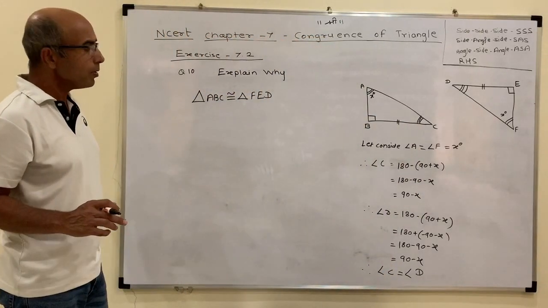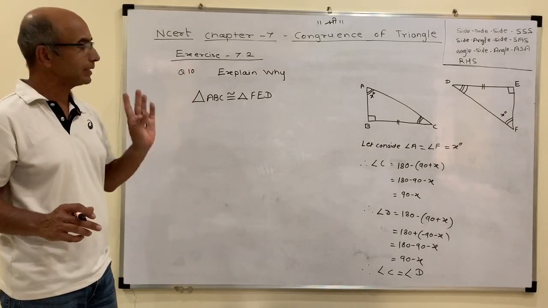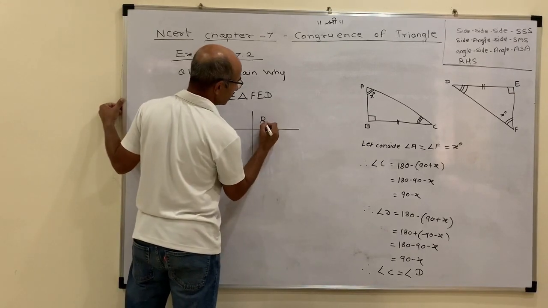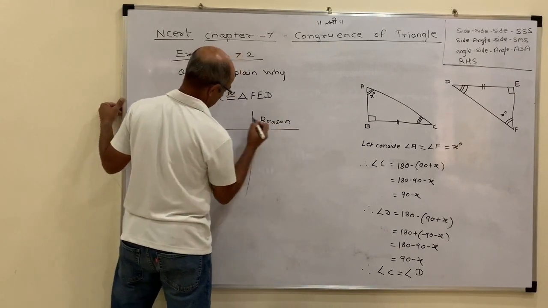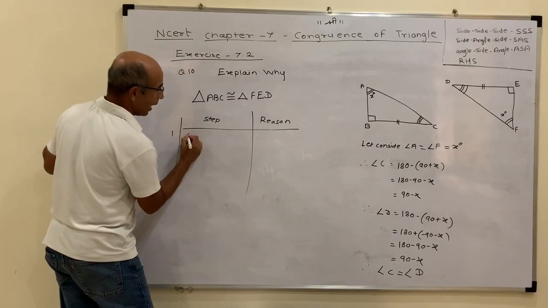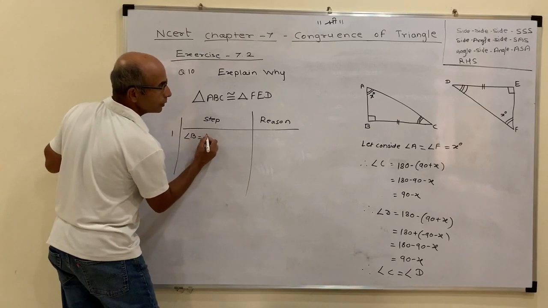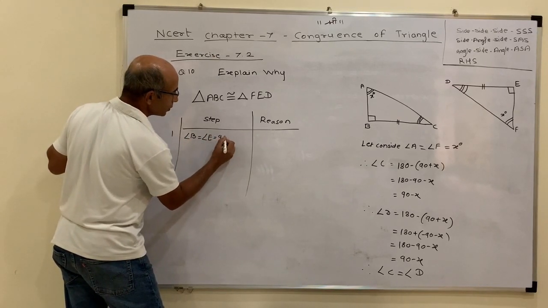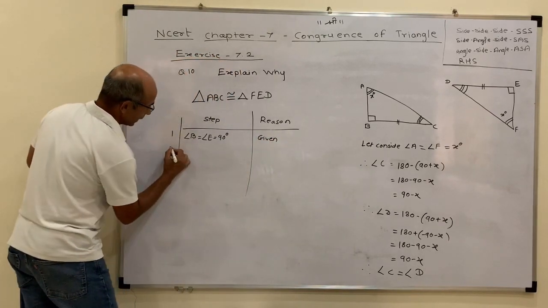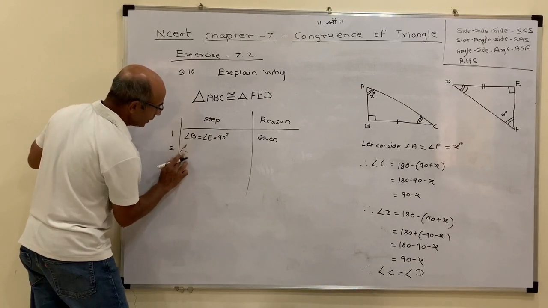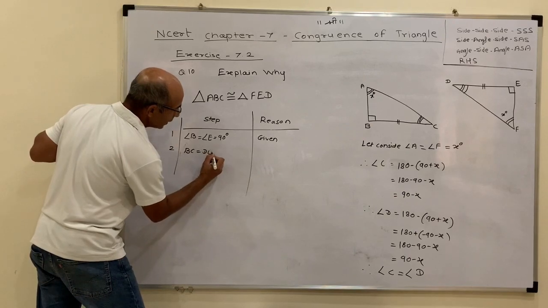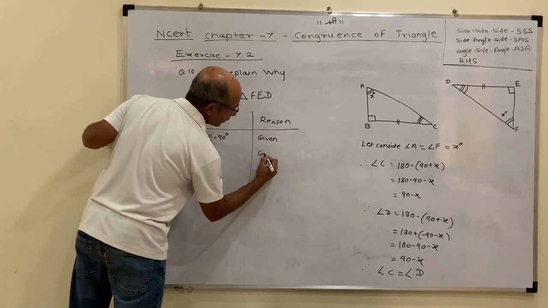Right? So now I have 2 angles and the side in between is equal. So now I write the steps with reasons. First, angle B equals angle E equals 90 degrees, which is given. Second, BC equals DE, which is again given.